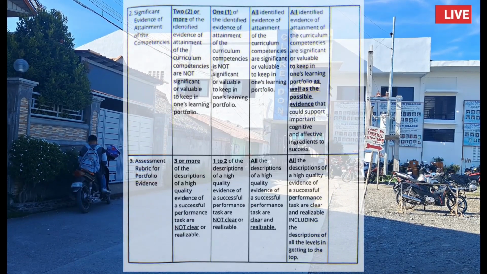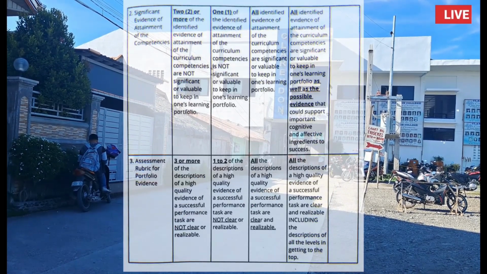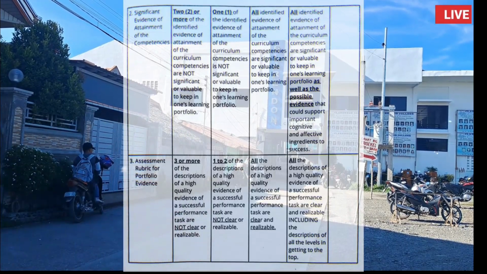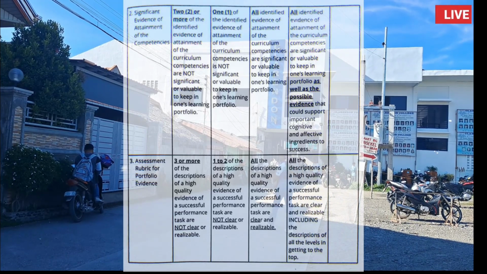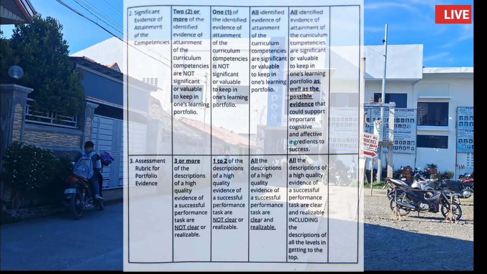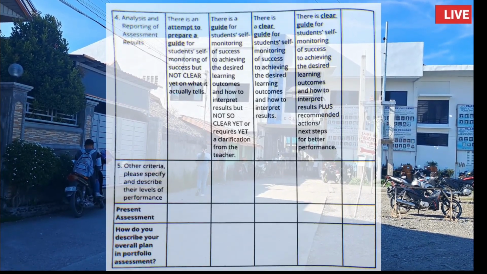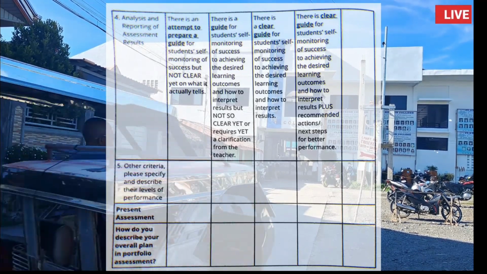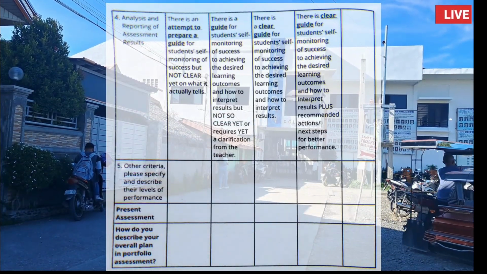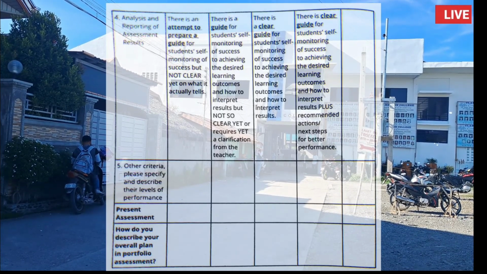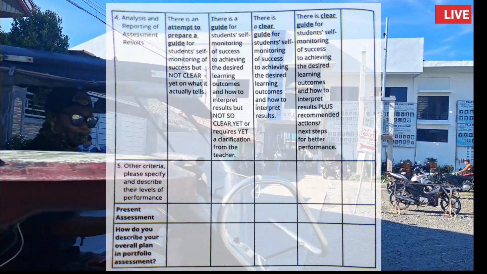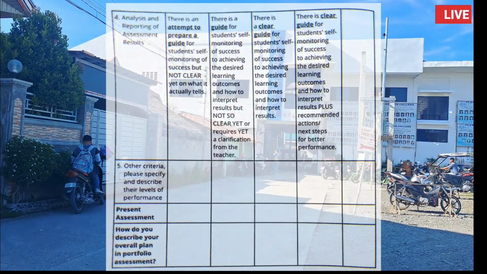Number 2, significant evidence of attainment of the competencies. For number 3, assessment rubric for portfolio evidence. Number 4, analysis and reporting of assessment result. And for number 5, other criteria, please specify and describe their level of performance.